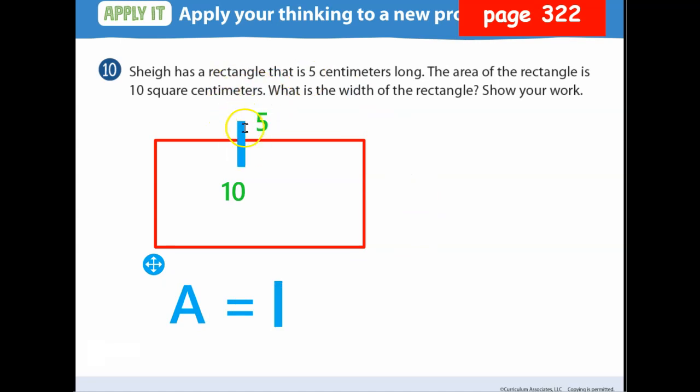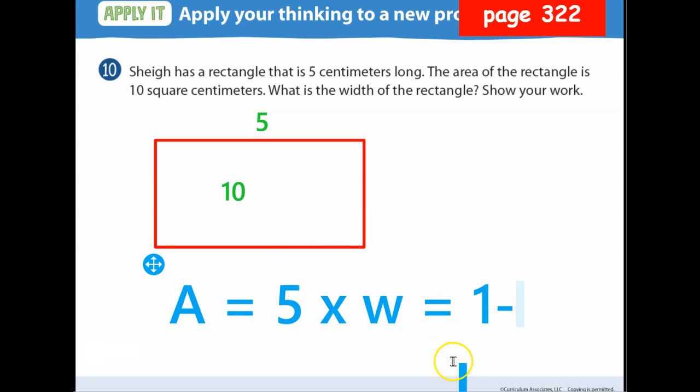What's the length in this? 5 times W, because do we know the width yet? No. But we do know what the area is. 10. So 5 times what gives me 10? 2. So it says, what is the width of the rectangle? We already have the area, because it says the area is 10 square centimeters. We already have A. We just don't know what this side is.